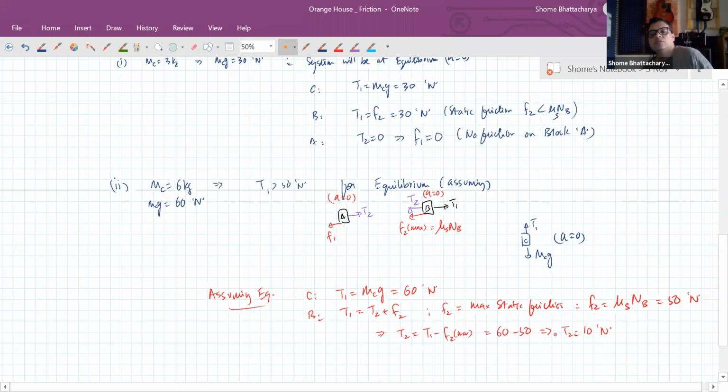Now what we have to check for my equilibrium condition is that can friction on the block A balance this T2. So for block A, the equilibrium condition is T2 is balanced by friction, okay, where F1 is static friction.